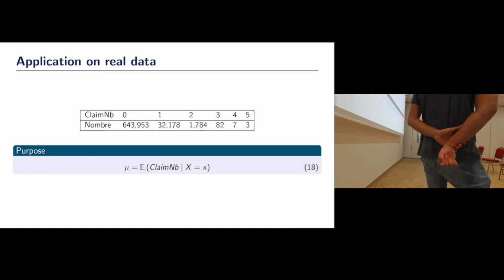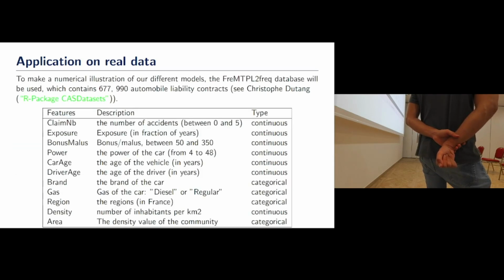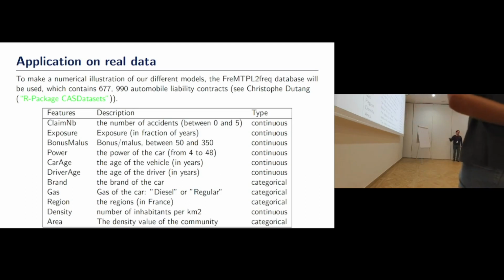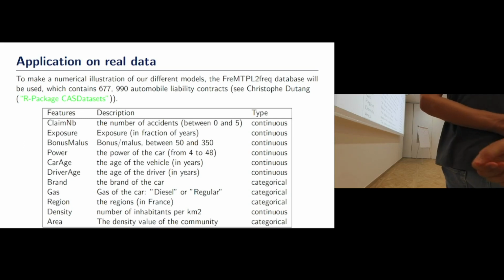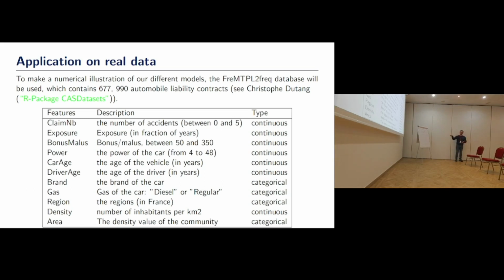And what is your time frame of the observation for the claims? Here we have something called the exposure, which I don't talk about. Because we have some people in our database who leave the company, or who come into the company during the year. So the exposure is going to be something between 0 and 1. If the driver stays from January to June in the company, the exposure is going to be 0.5, because he stays for half of the year.